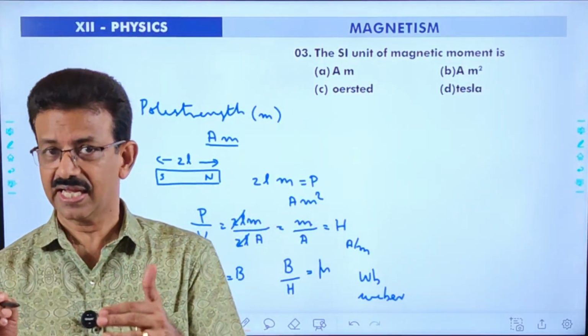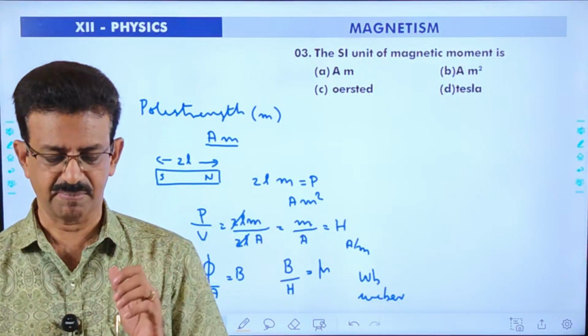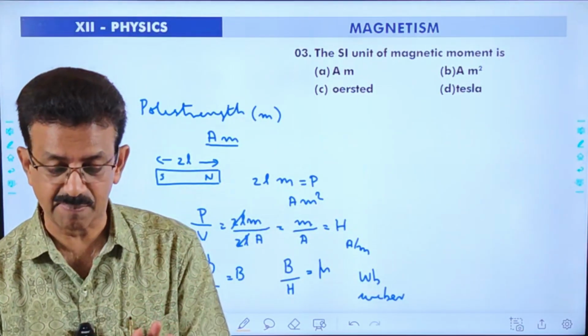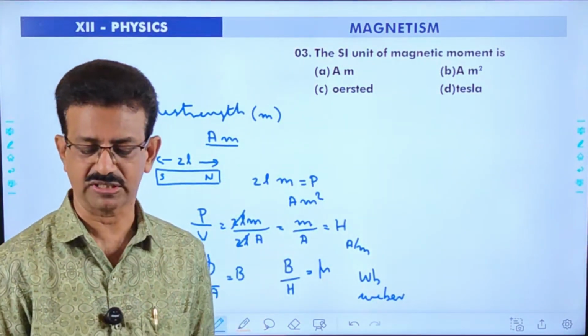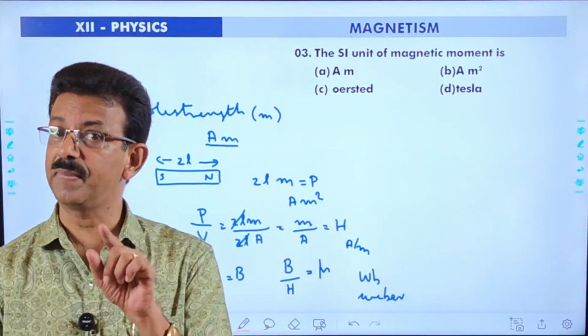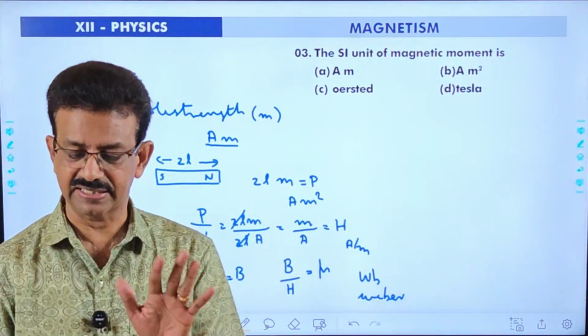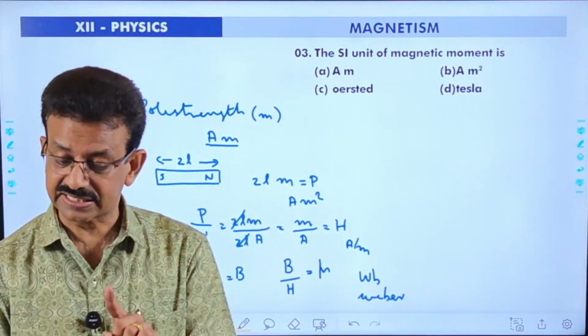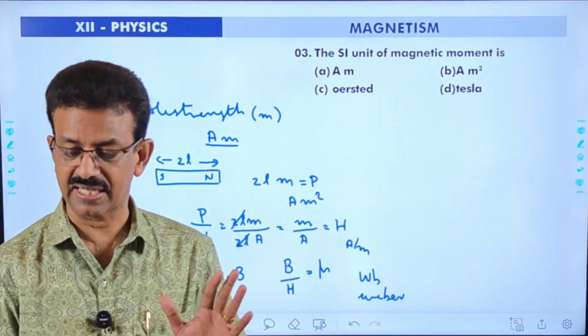Here the question is about the unit of some quantities. Question number 3: the SI unit of magnetic moment. First one, ampere meter, is the unit of pole strength. Second one, ampere meter square, is the unit of magnetic moment. That's the correct answer. Third one, Oersted, represents the strength of a magnetic field.